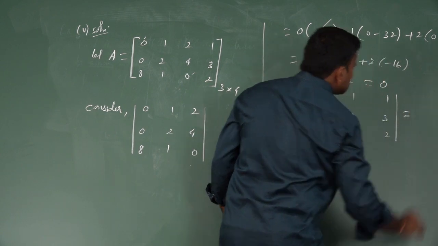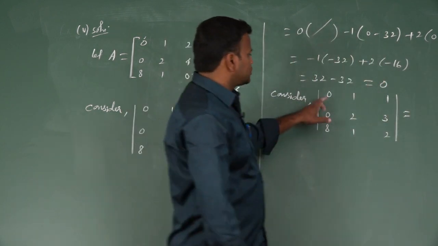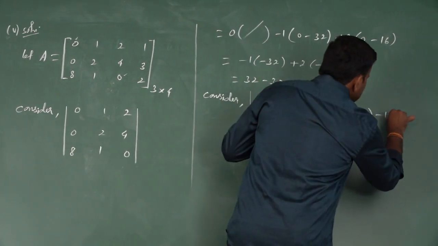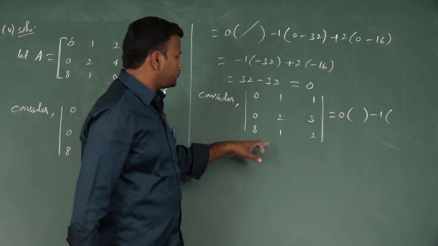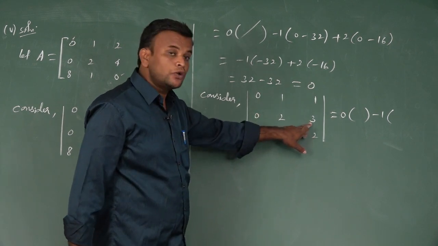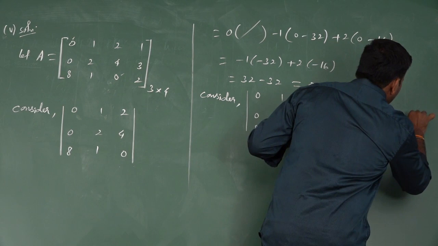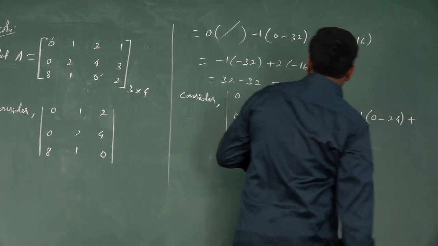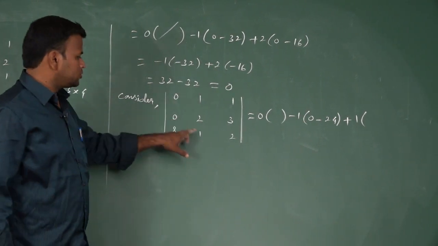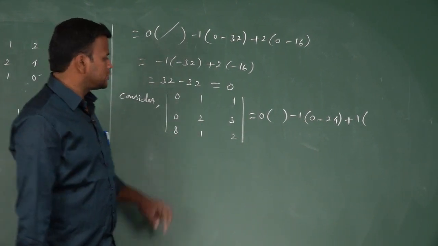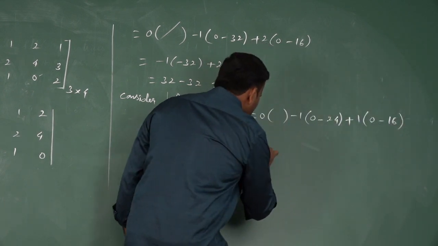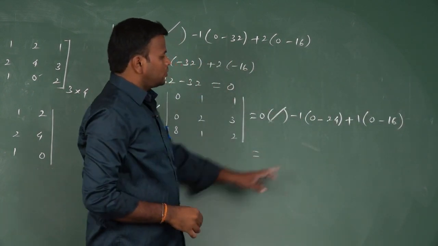Now we find these determinants. 0 times anything is always 0. Minus 1 half. We leave, 0 into 2 is 0. Minus 24. Plus 1 half. 0. Minus 16. 0. 0.